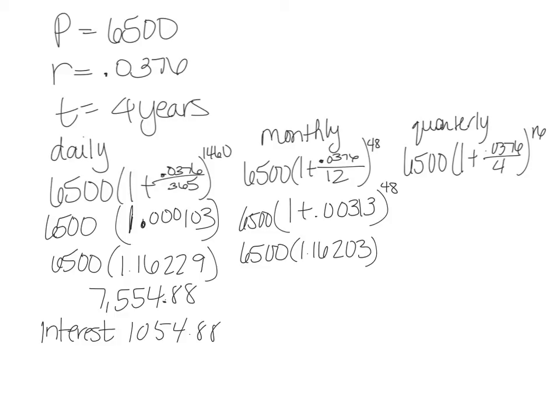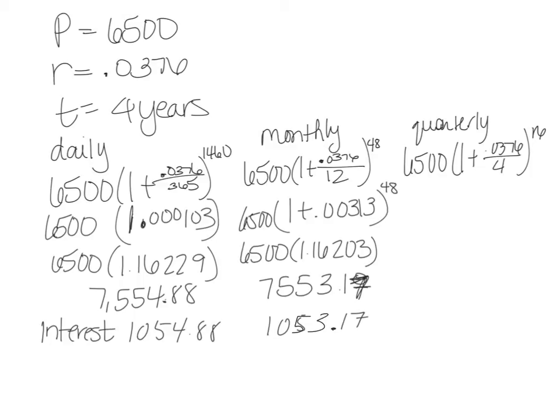You can see the numbers are slightly different. It's not a huge difference in the amount you're going to pay on smaller amounts. And that's 1,054.17. Oh, no, sorry, 53.17. So you can see it's a little bit more than $1 when it's daily.